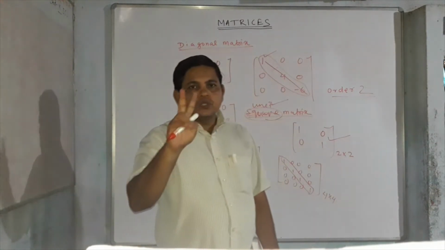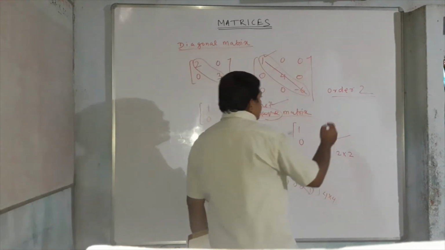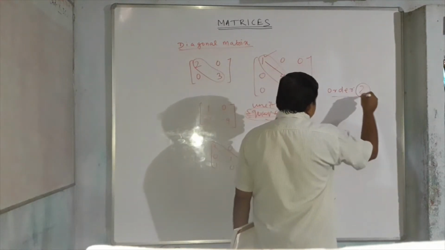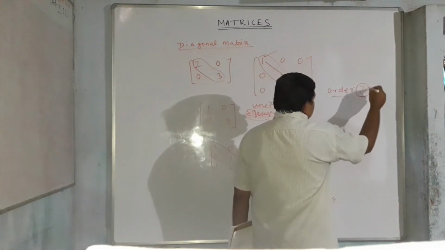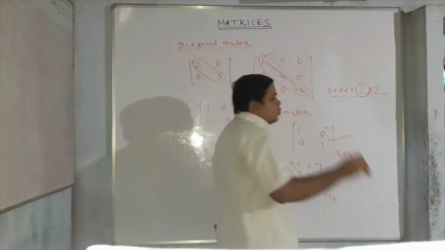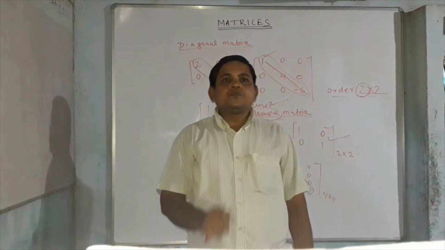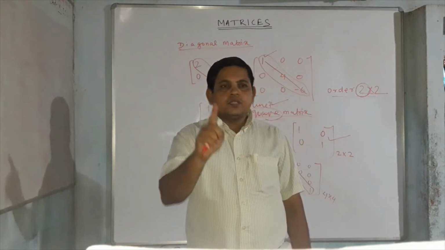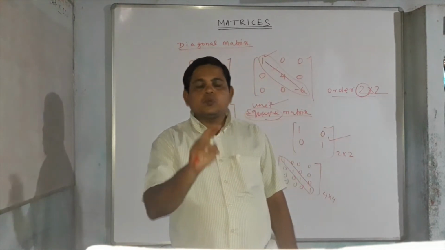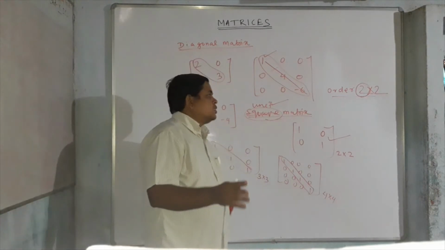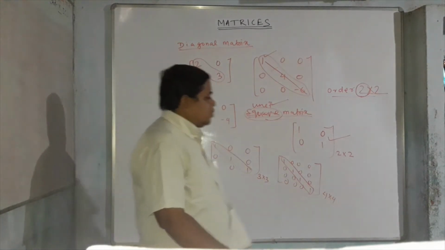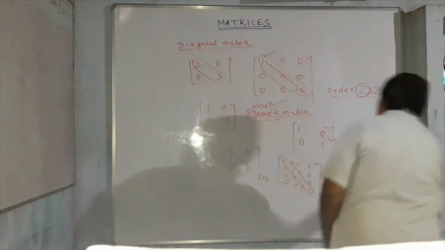If one order is 2, the other order must be 2. Therefore, wherever order 2 is written, you must write 2 by 2. If order 3, it is 3 by 3. If order 4, it is 4 by 4, and so on. I hope you understand till the diagonal matrix. Then further we will go.